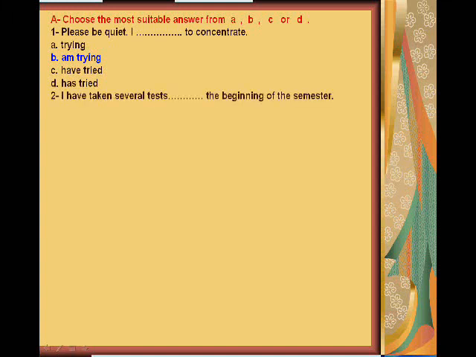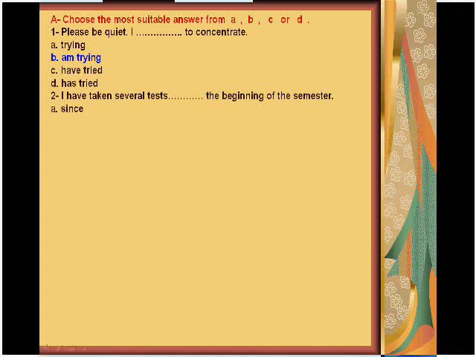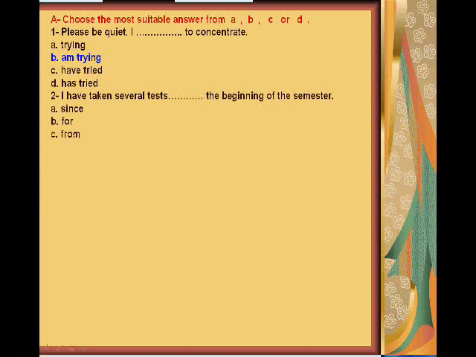Number 2. I have taken several tests the beginning of the semester. A, since; B, for; C, from; D, ago. Of course, in order to find the correct answer here, you have to look at the tense. And here the verb is have taken.